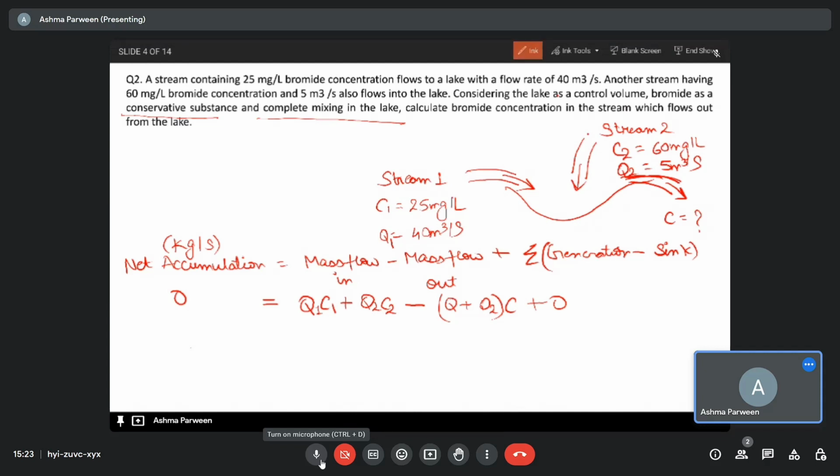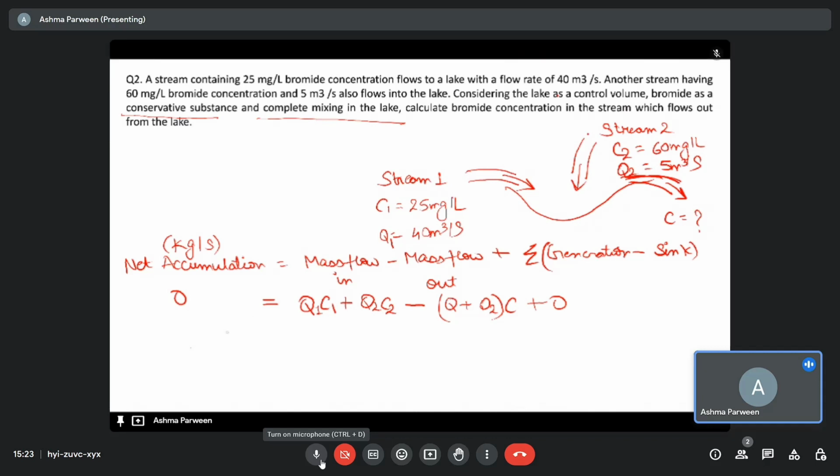Okay. So we have to find C. Let's simplify this.